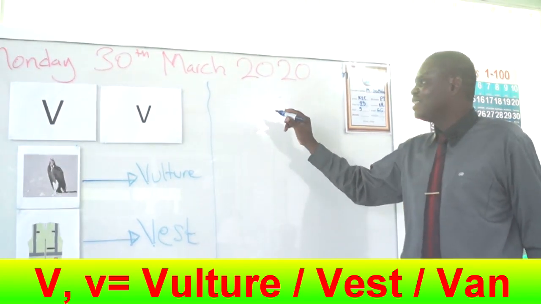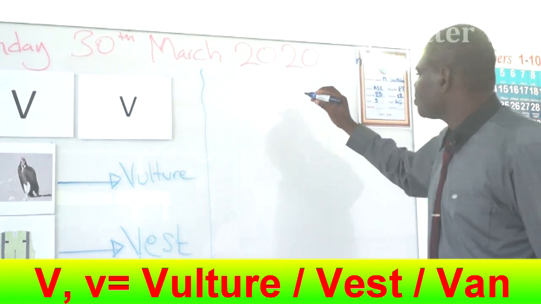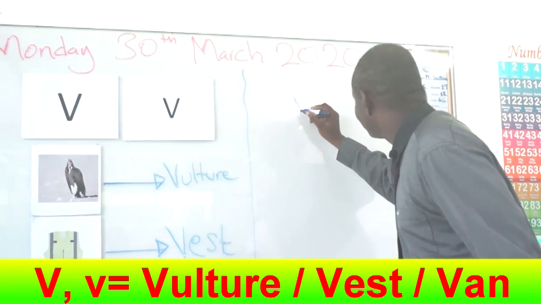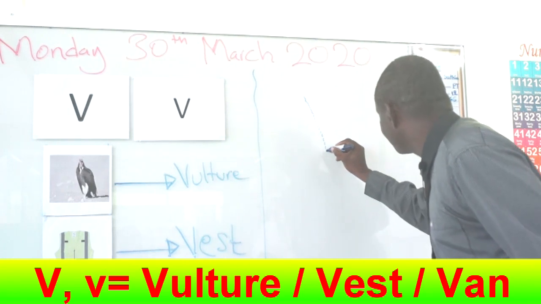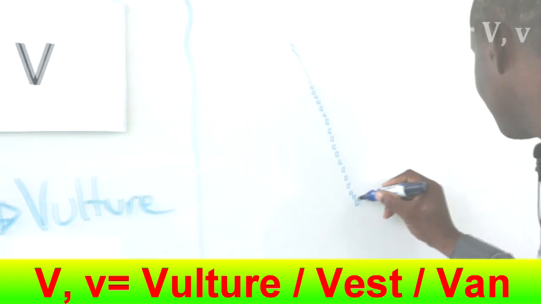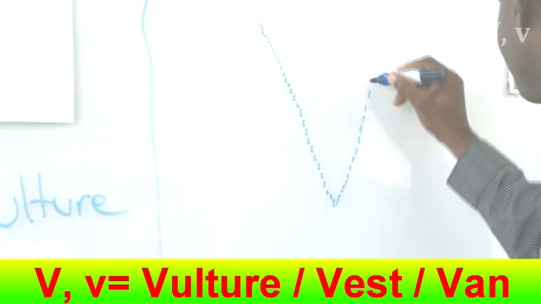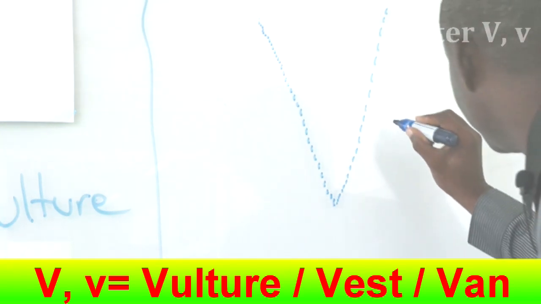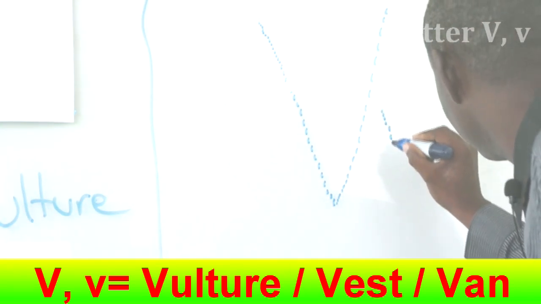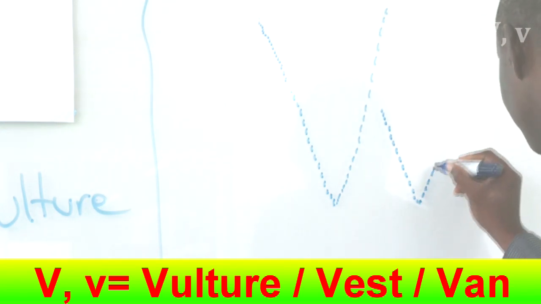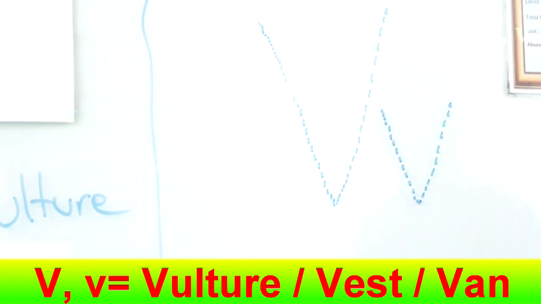We are tracing the V. Start from here. Go this way. We get the small V.